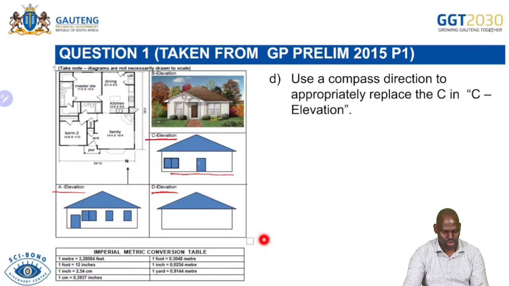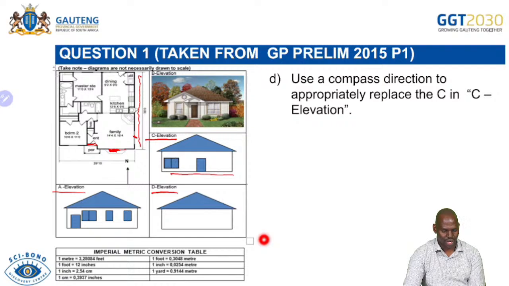Now let us look at this. This is the eastern side. On the eastern side I only see one window, and I don't see the door. On the southern side, I see the door and the window.